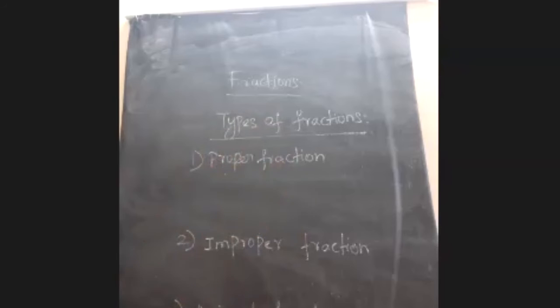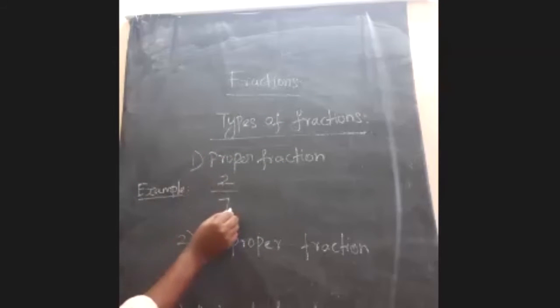Now proper fractions. For a proper fraction, one small example: 2/7. In this fraction 2/7, this 2 is your numerator and your 7 is your denominator.